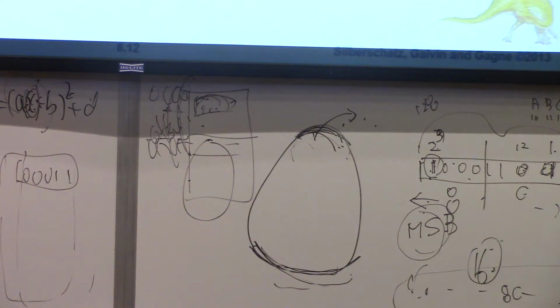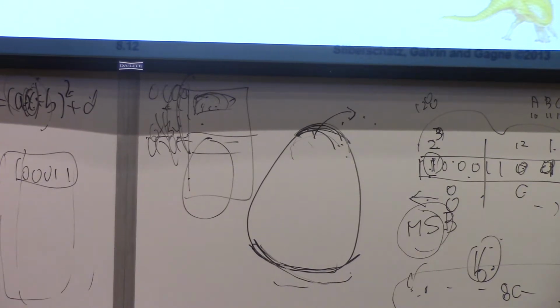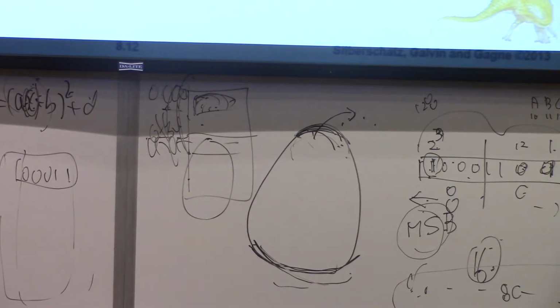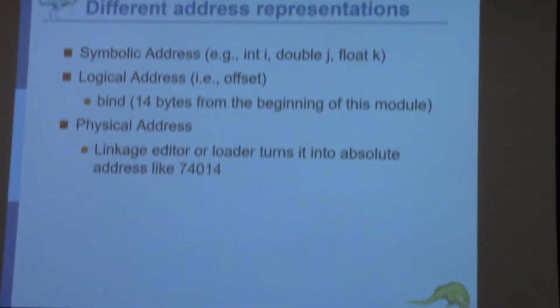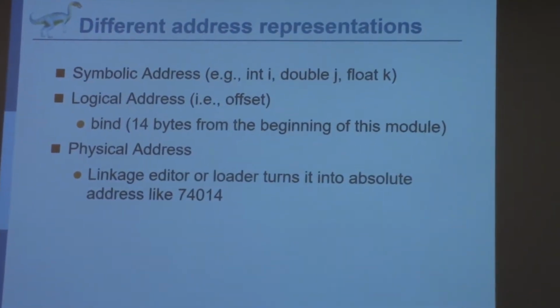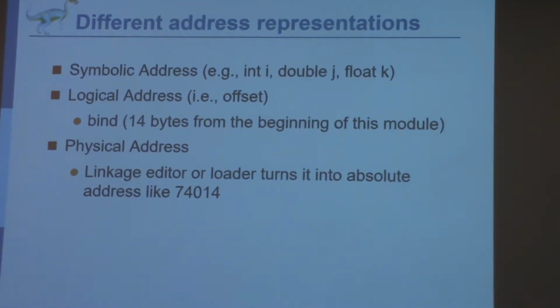So after compiling, it will create the logical address. In other words, it's called the offset from the 10 byte or the F0F byte from the beginning. Then once this one is loaded into the memory, then finally it will have the physical address.